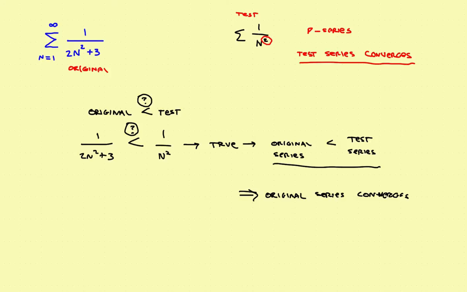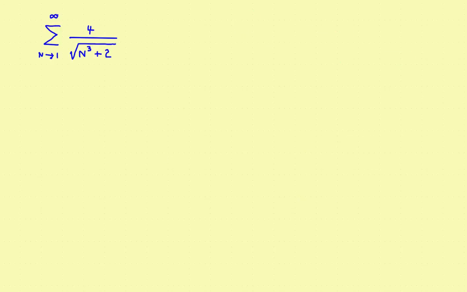So let's try a couple more. Okay, so this one is a little bit harder to find out what the test series is, but again, we'll use our rule on the dominant term. So what I'm going to do is think of it like this. If I go way off to the right on this thing, the very first thing to do is I've got a constant 4.